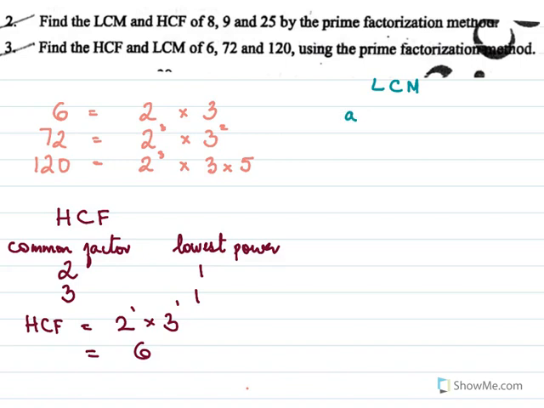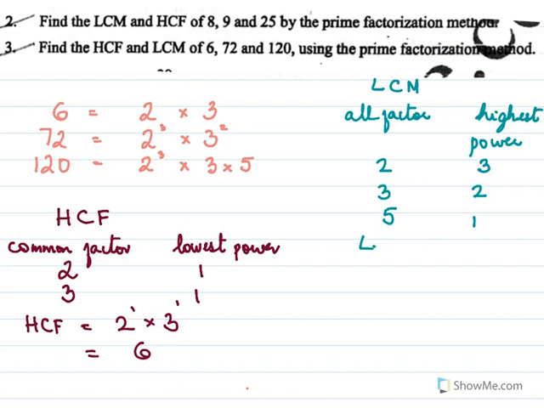Now to find LCM, all factors and highest power. So all factors 2, 3, 5. Highest power of 2 is 3, of 3 is 2 and of 5 is 1.